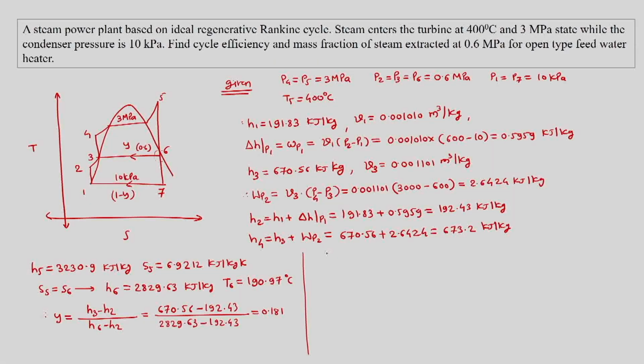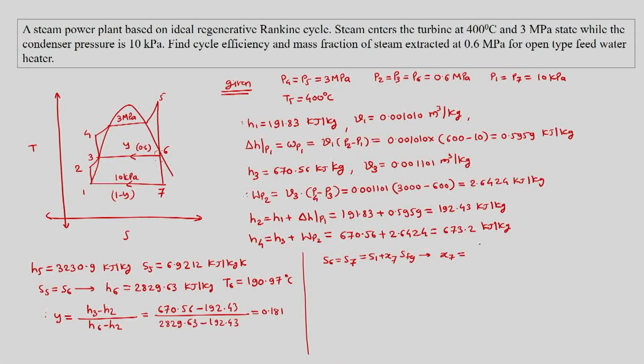Upon that we will find state 7, where we know S6 is equal to S7, and this is equal to S1 plus X7 into SFG, since the entropy at 6 is lower than the vapor saturation entropy corresponding to 10 kPa, which is the present case.